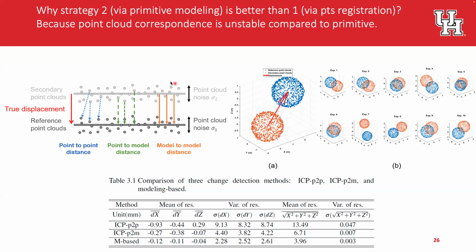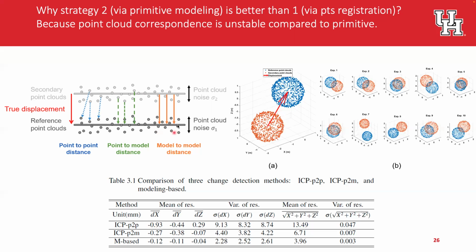I'll try to explain it with this cartoon up here. If we have two point clouds, the gray and the darker gray, when we're doing point to point distances, we're still encompassing all of the noise of the Lidar observations into that distance. With point to plane or point to model, we're maybe fitting a plane through one data set, but we're still encompassing all of the point noise on the other side.